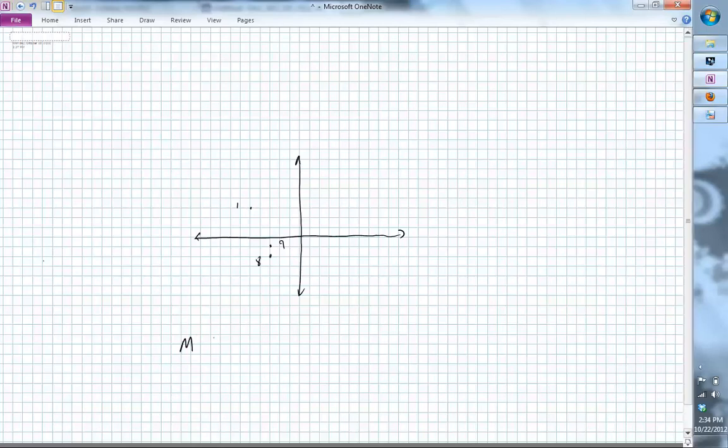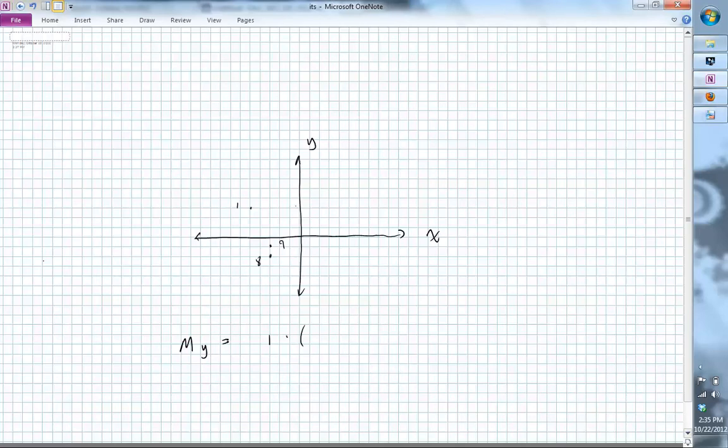So you can actually figure that out for point masses pretty easily. So My is how much these points want to rotate the y-axis. How much does this mass of 1 kilogram or whatever want to rotate the y-axis? It's simply the mass times the distance from the y-axis.